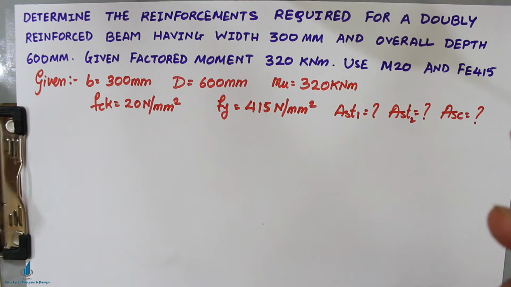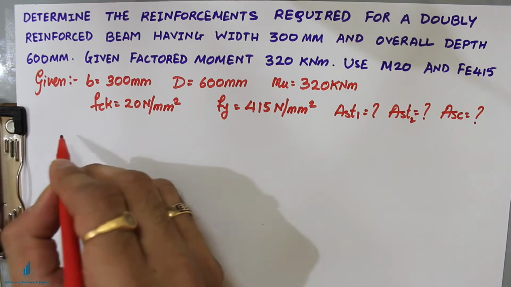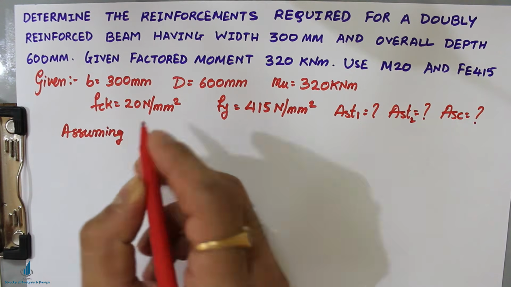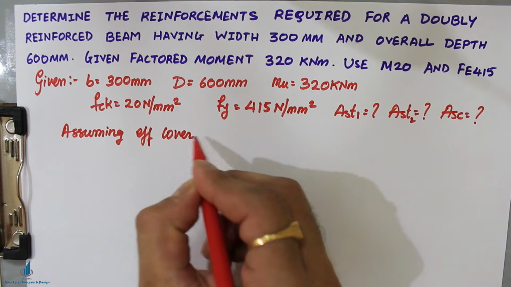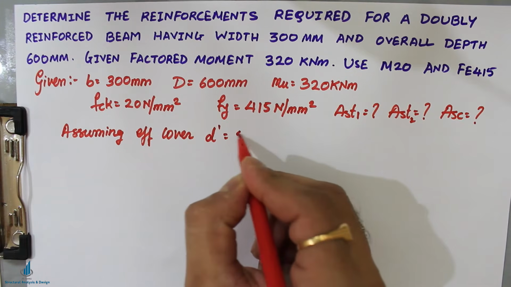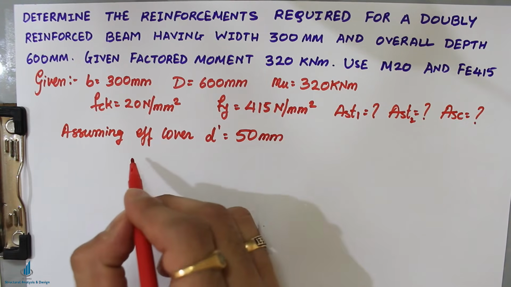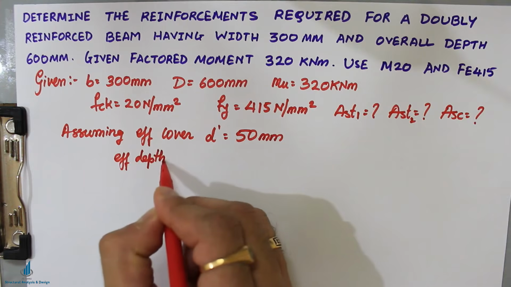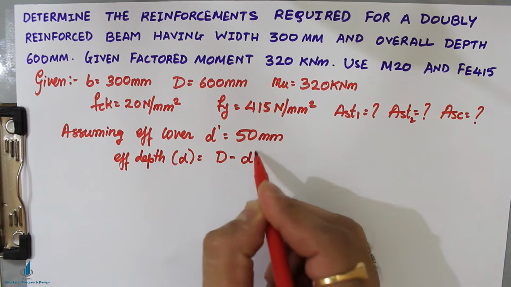They have not given here the effective cover, so we shall assume the effective cover d dash as 50 mm. So our effective depth d is equal to D minus d dash.